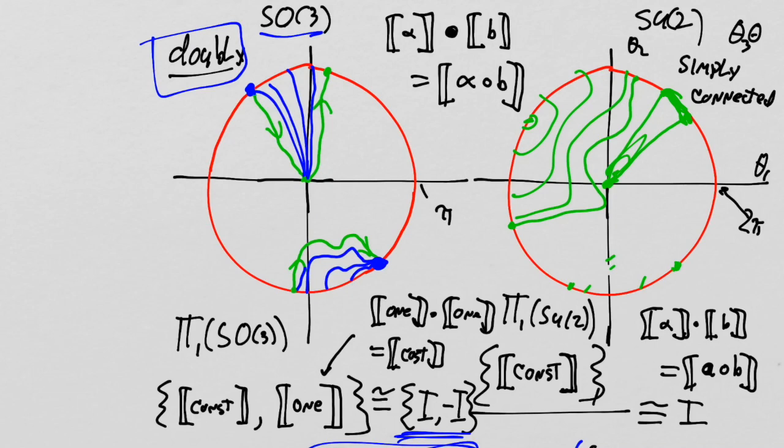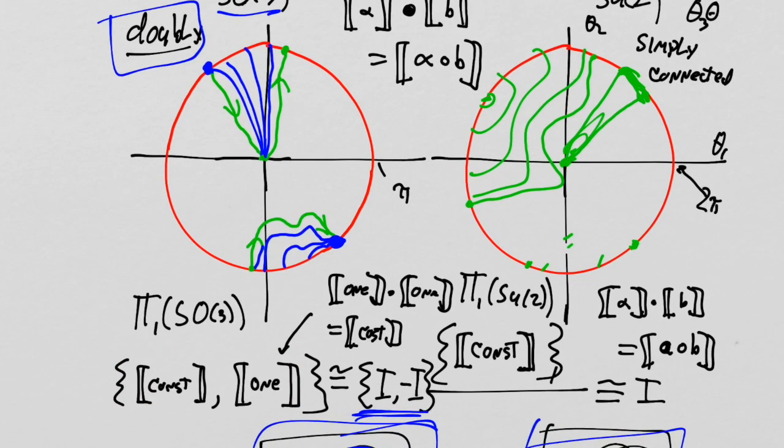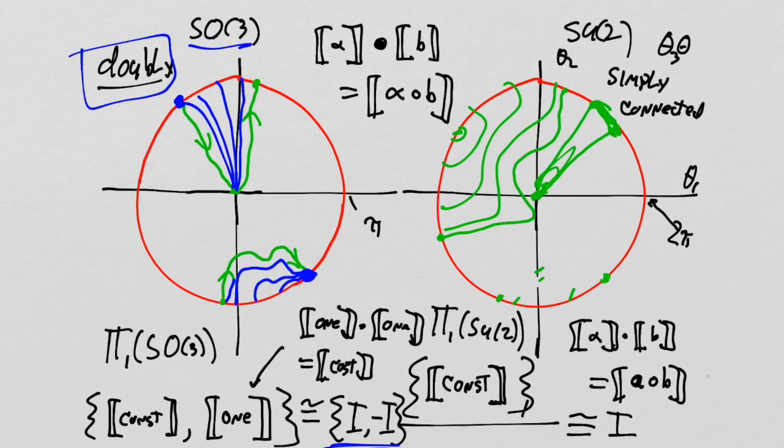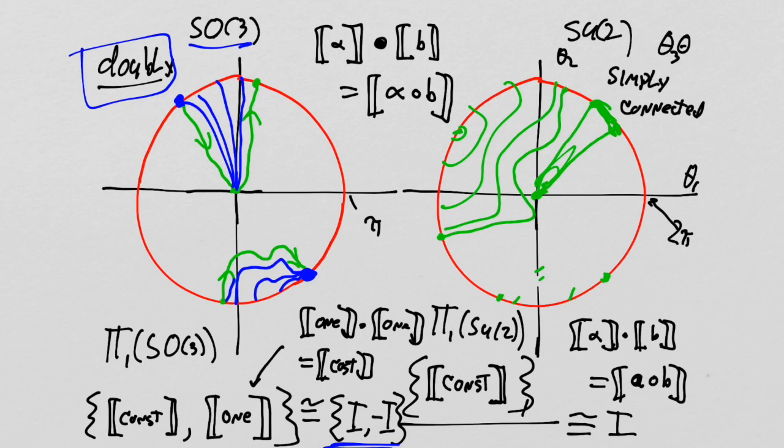In fact, it's a manifold, and it has a fundamental group of just two elements. Okay, so now we've discovered that, since these two fundamental groups are different, SO3 as a topological space is not homeomorphic to SU2. These are different topological spaces, and that's a big deal.